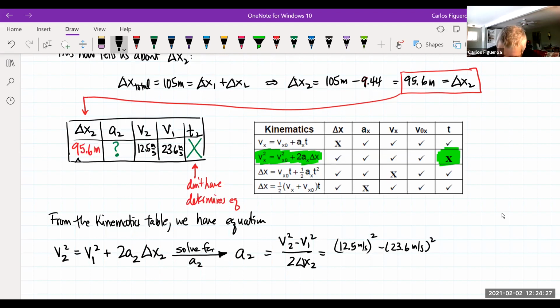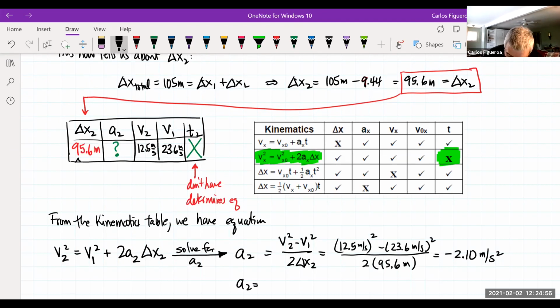And then I'm going to divide that by 2 times the quantity 95.6 meters. If I do that, the acceleration that I end up getting is a value of minus 2.10 meters per second squared. That's my acceleration.